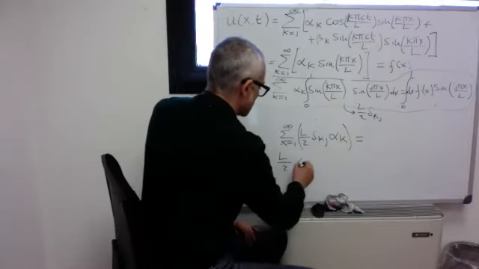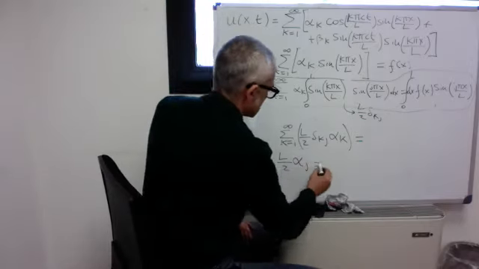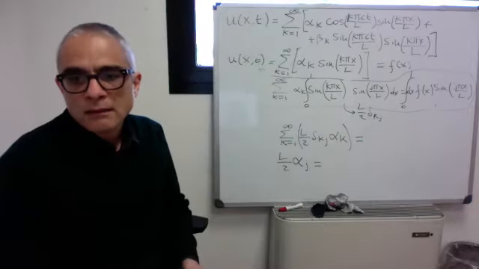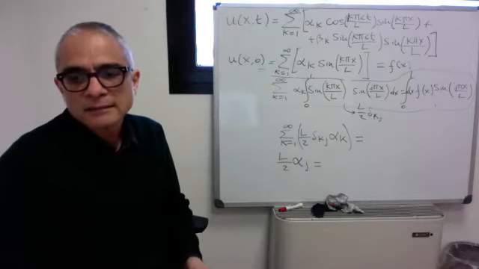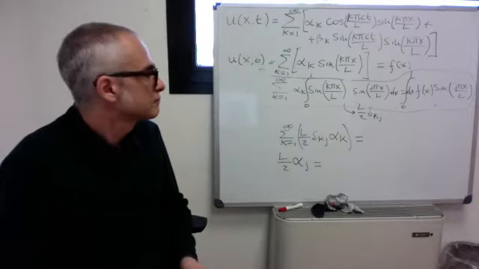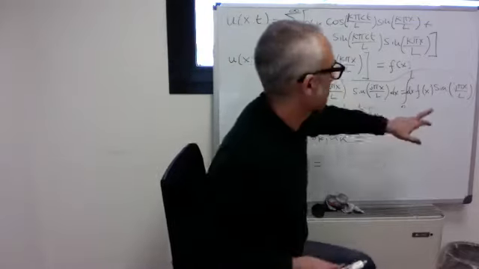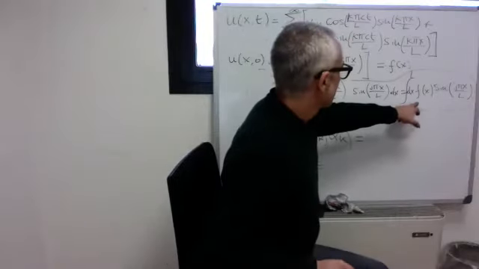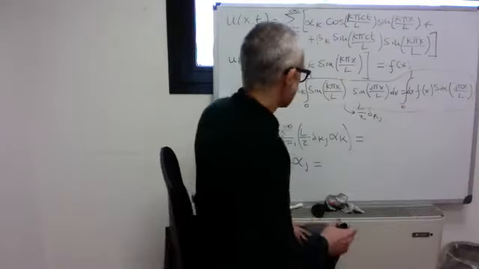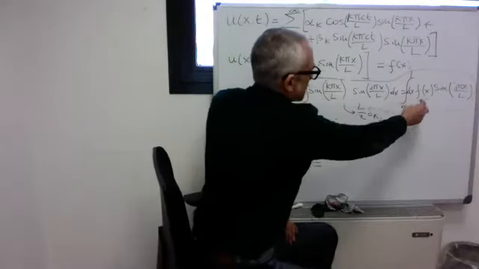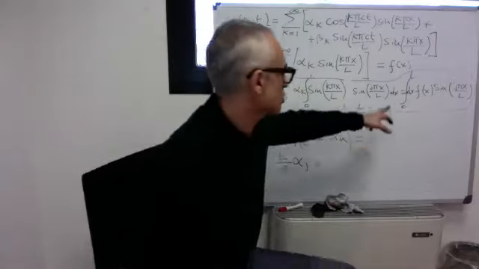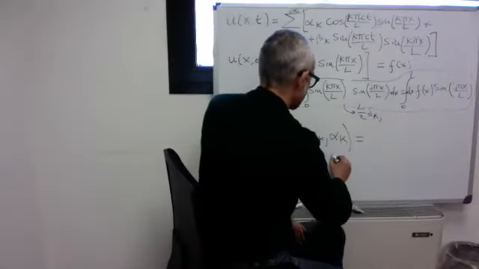So I'm left with just alpha j. And actually, I cannot simplify this integral. Sorry, I had a moment of doubt. I cannot simplify this integral until I make a choice for f. So for now, we just leave it like this.